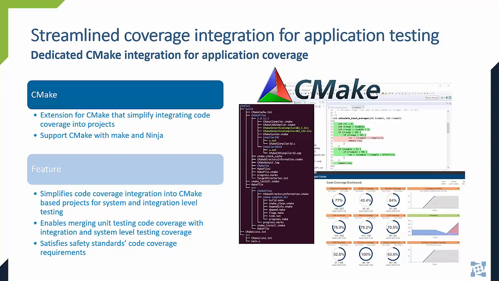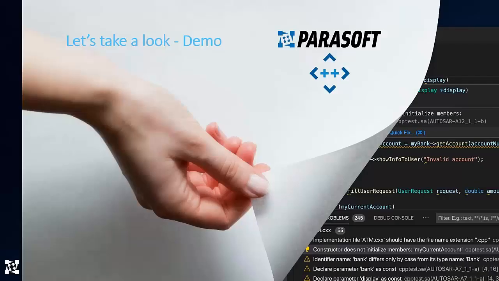The integration has been simplified and automated by way of test scripts, and therefore instrumentation for code coverage can be automatically added during the build process. So let's get to the fun stuff and see how Parasoft integrates into GitHub workflows and CMake.